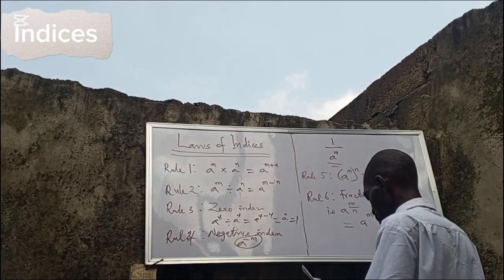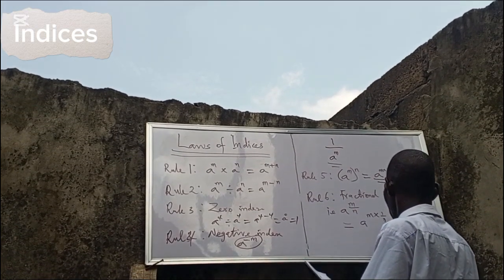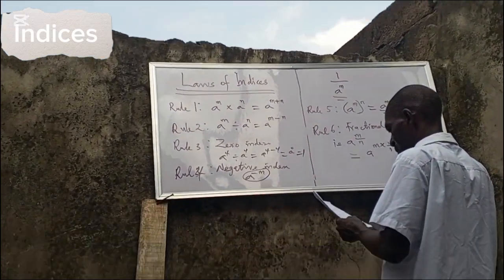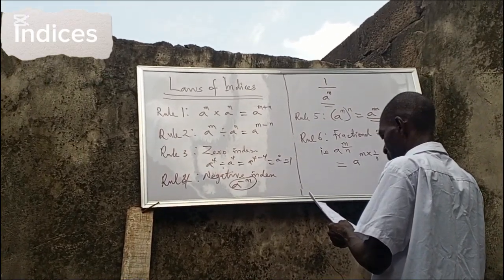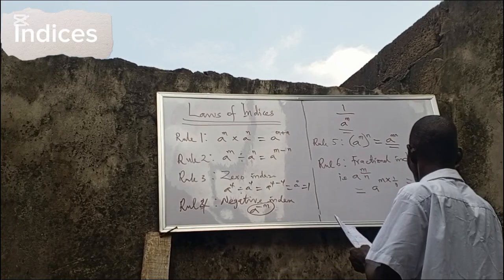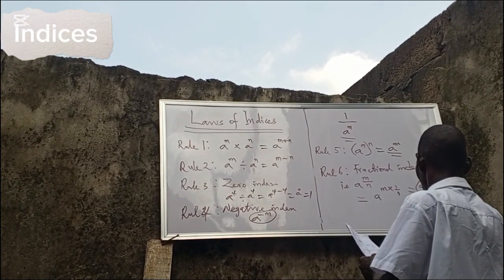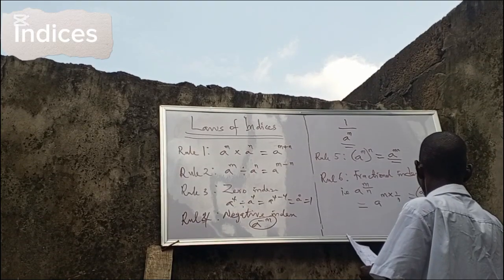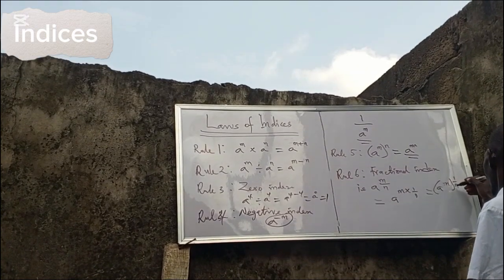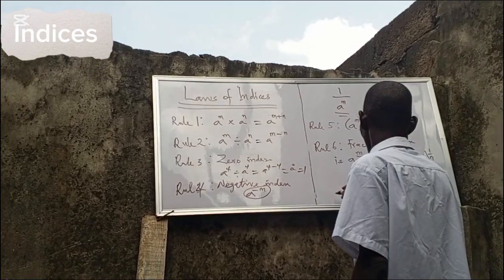So A^(1/n) is equal to (A^m) to the power 1/n. So it's still the same thing as this.